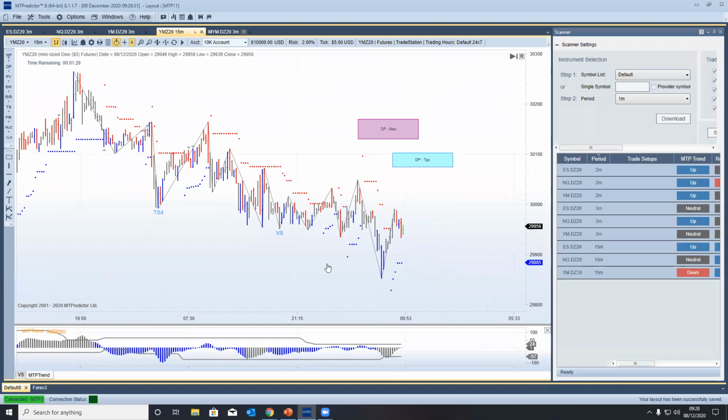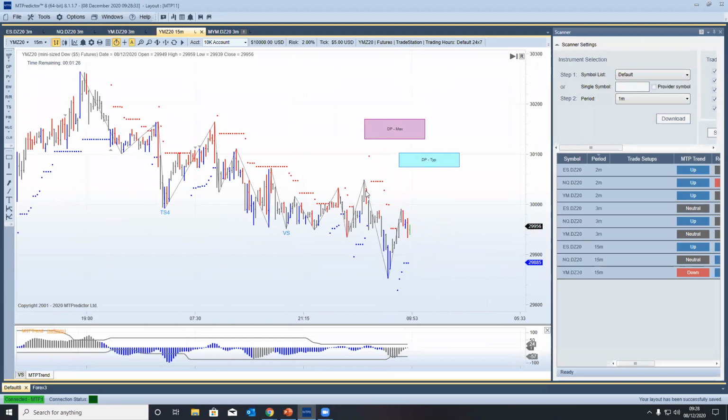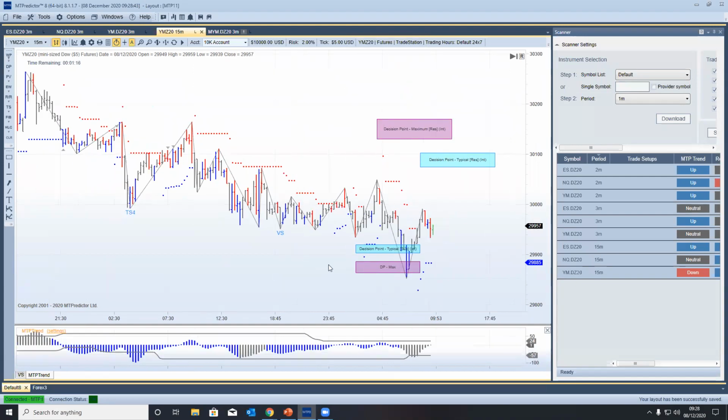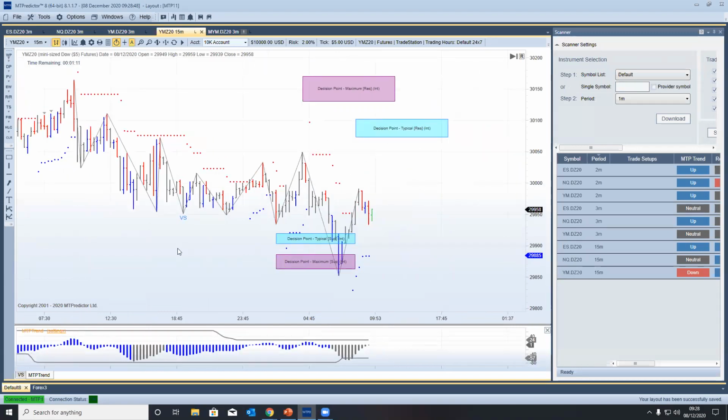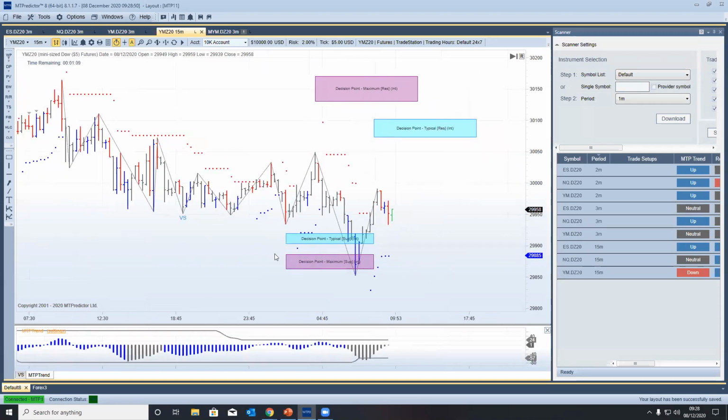If the market is starting to go with you, in other words, as it's starting to go down like this, you then take the DP off the latest swing high or low to then find support in the direction that the market's going. In this case, you can see here the YM made the low at the maximum DP. We don't talk about the maximum very often, because as it says, it's the maximum area where you get support or resistance.